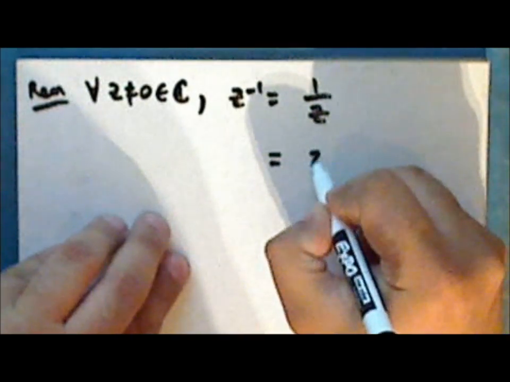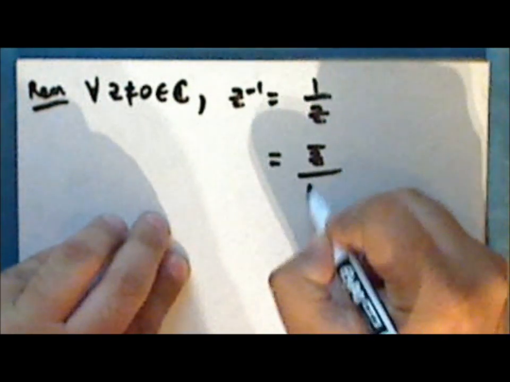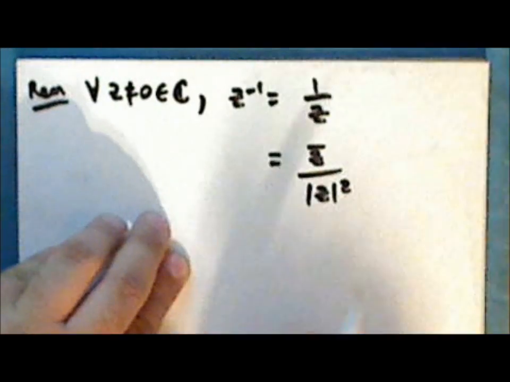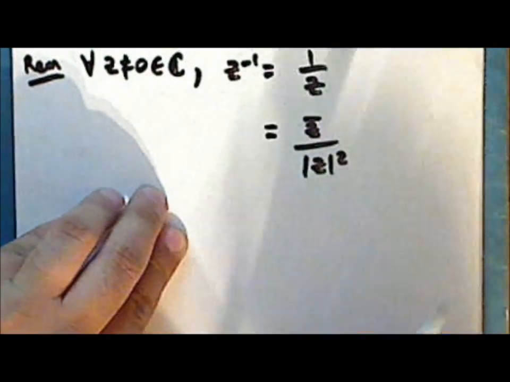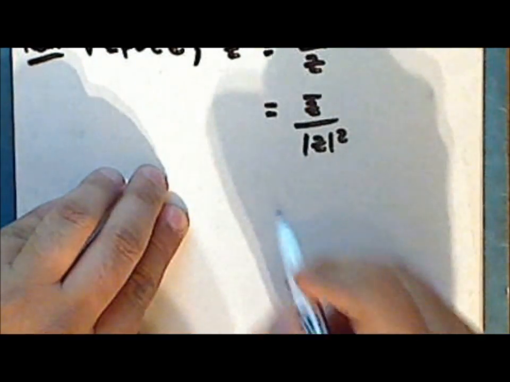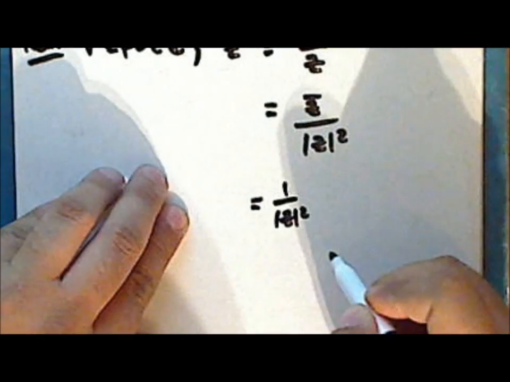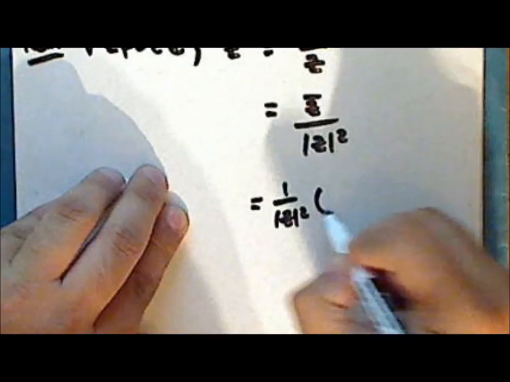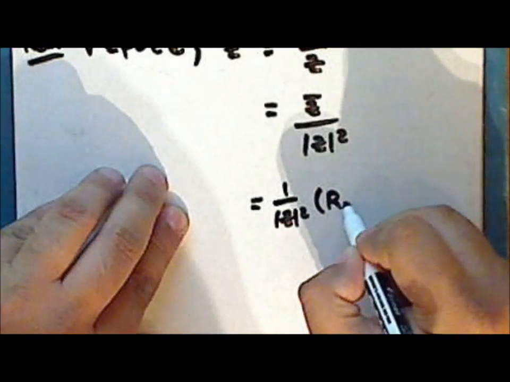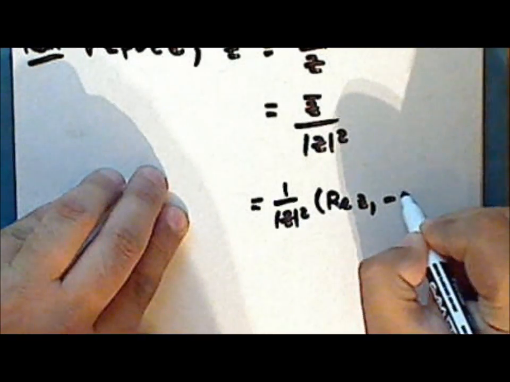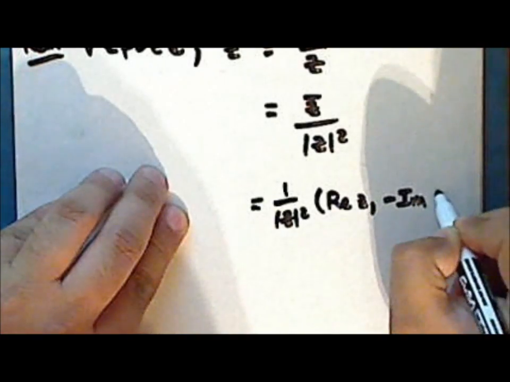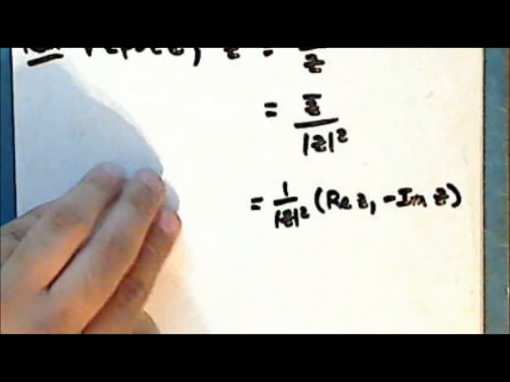This is the same as the conjugate of z over the square of the modulus of z. And if we actually state what the conjugate of z is, we have the form 1 over the square of the modulus of z times the ordered pair, which is the real part of z, and the opposite of the imaginary part of z. All right?